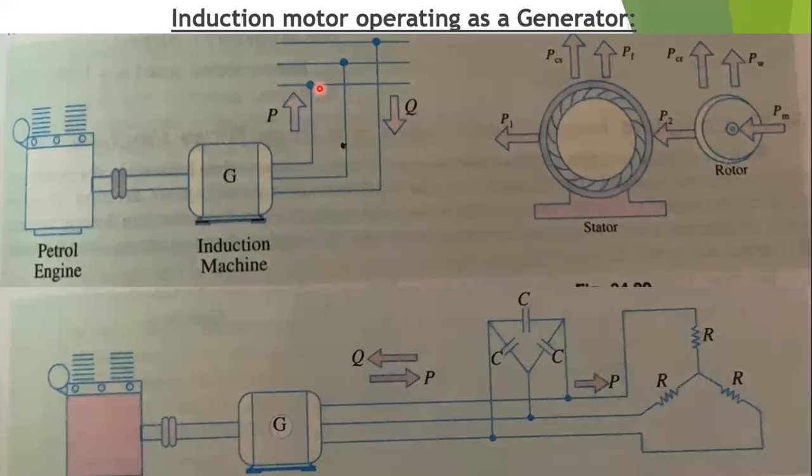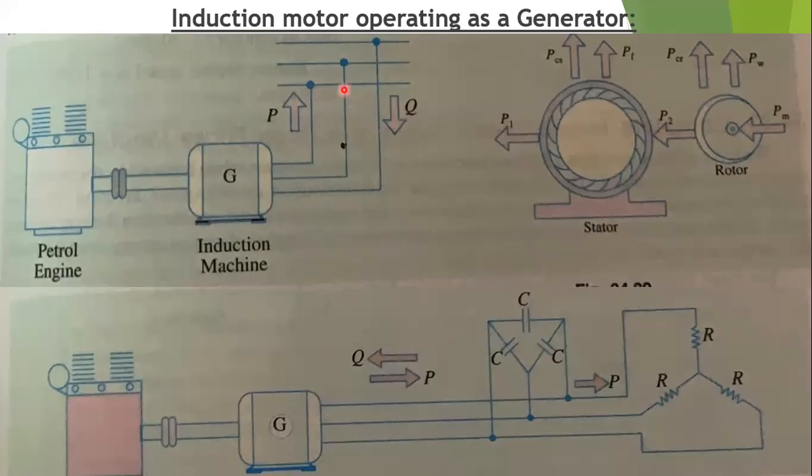The other one is opposite in direction to P. For creating its own magnetic field, the induction machine absorbs some reactive power. For the induction motor to produce its own flux, it takes some power from the three-phase source lines.